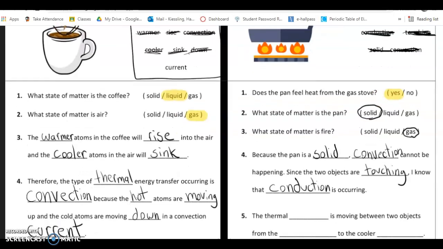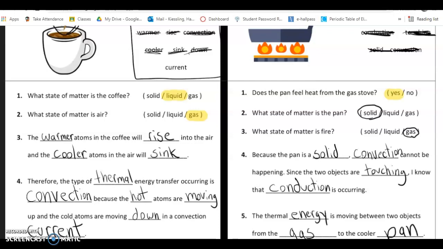The thermal blank is moving. Xavier? Energy? Yes. Is moving between two objects from the blank to the cooler blank. Skyla? Gas and pan. It's moving from the gas because it's hotter to the cooler pan.